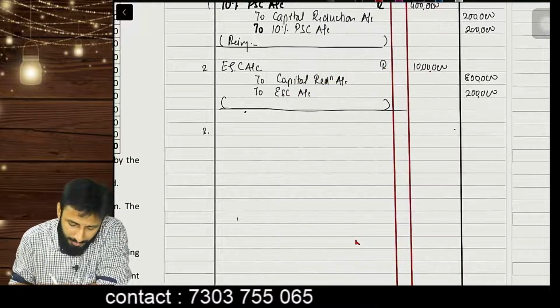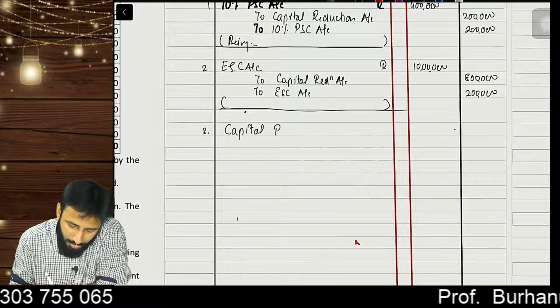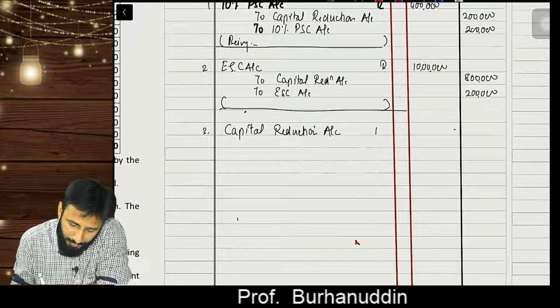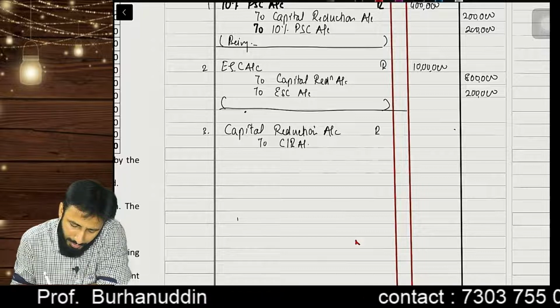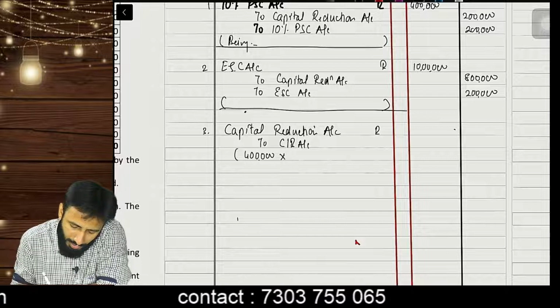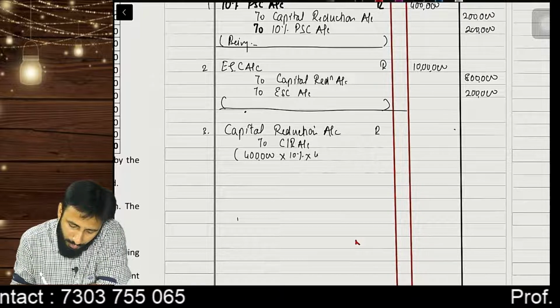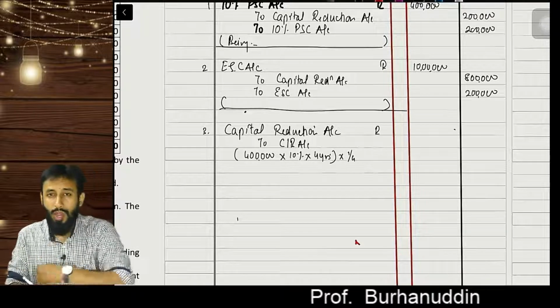So I am giving them the dividend, right? So capital reduction account debit because the profit comes from here now. So capital reduction account debit to cash and bank account. I am having 4 lakh preference share at the rate 10%. I am going to pay them for 4 years and only 1/4 is been paid.